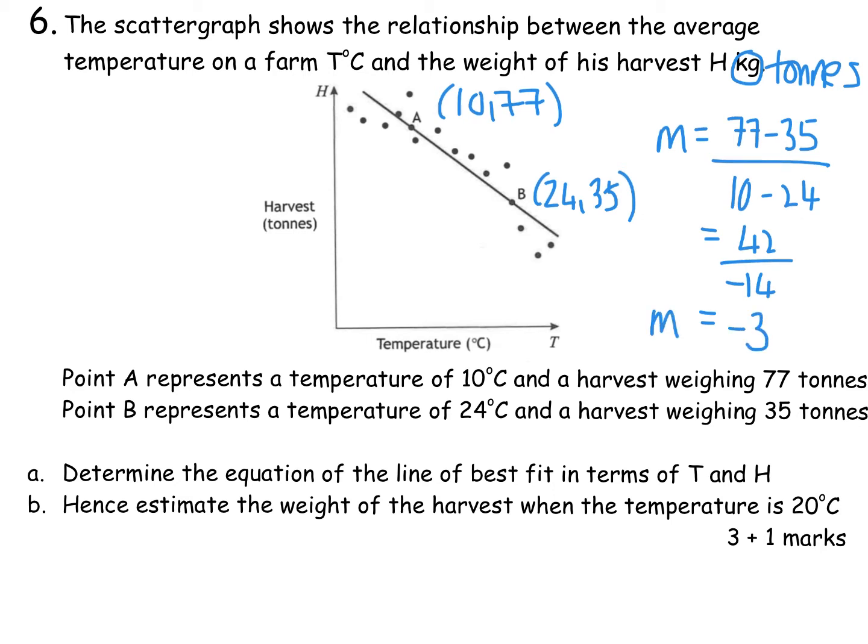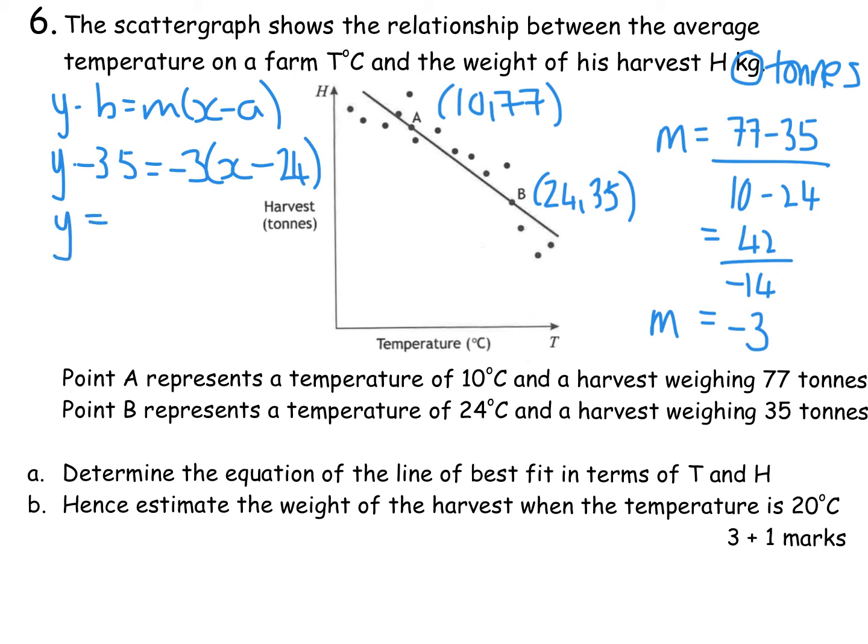We don't have a y-intercept, so we're going to use the y minus b equation. So we're going to use y minus b equals m bracket x minus a. I'm going to use the 24 and 35 just because they're smaller numbers. So I'm going to have y take away 35 equals negative 3 bracket x take away 24.